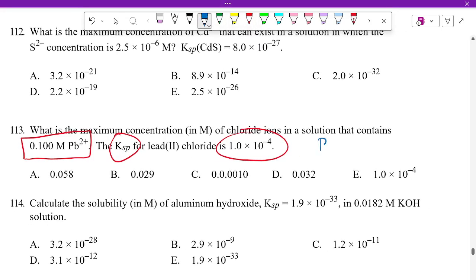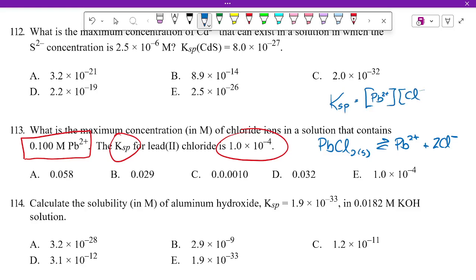So we have lead chloride, and our KSP is going to equal lead times chloride squared. We know our KSP is 1 times 10 to the negative 4.